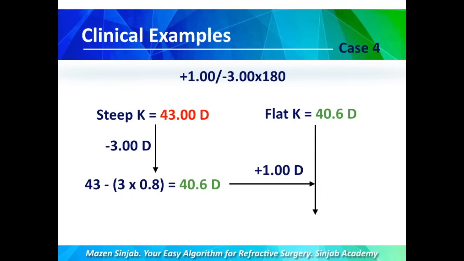Then +1 will affect both in order to increase them to 41.8 diopters. And the final K reading, 41.8 diopters, is within the accepted range, which is between 34 and 49 diopters. So this is how to calculate the effect of mixed astigmatism correction on K readings.